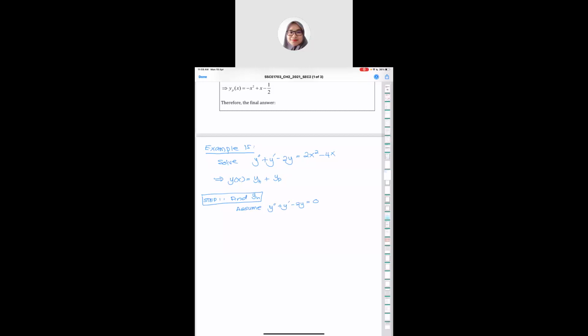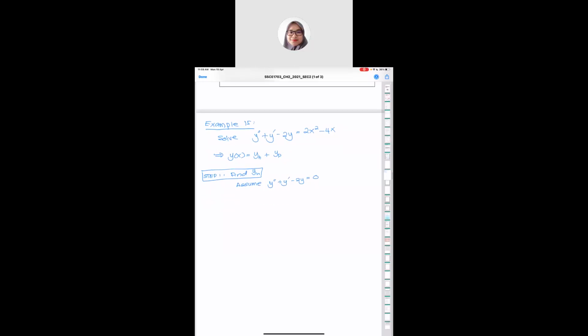Once you ada homogeneous solution, apa perlu kita buat? Kita guna characteristic equation. Nak tulis boleh, tak nak tulis pun tak apa. Biasanya kita tak tulis pun.